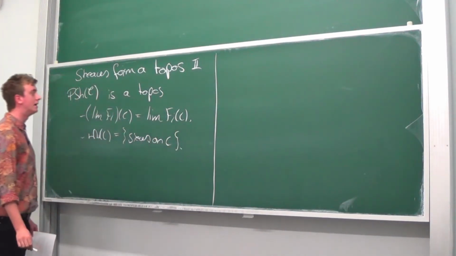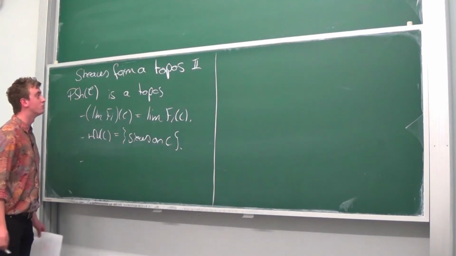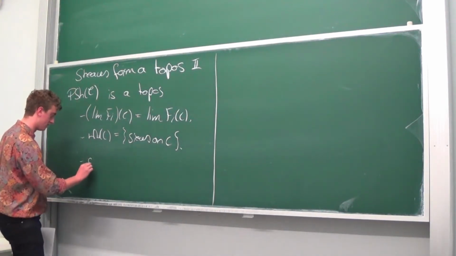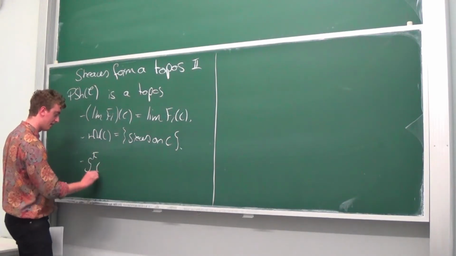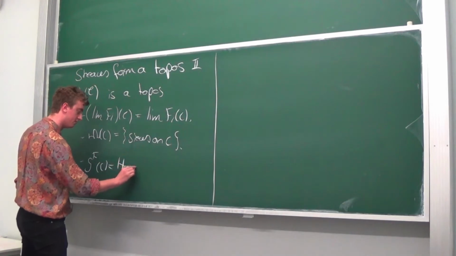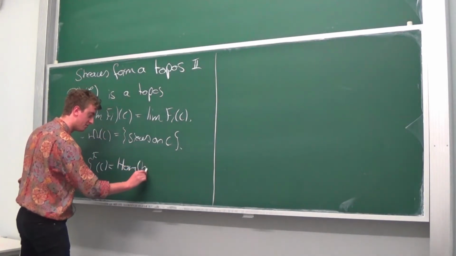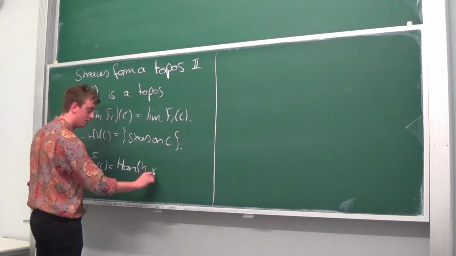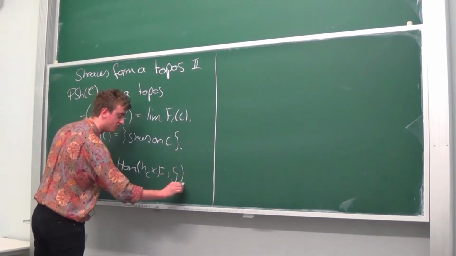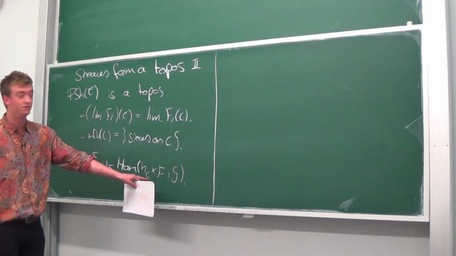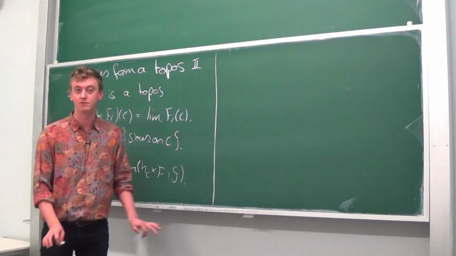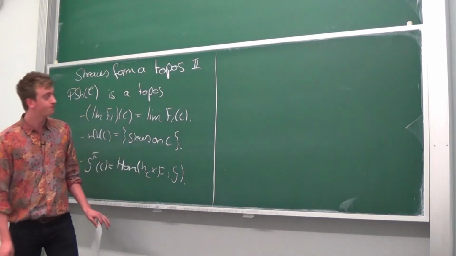Then finally, we saw that the exponential in presheaves, which is the most complicated part, was given by taking two presheaves F and G and an object C, as the set of natural transformations from the representable functor of C times F into G, where this product is taken pointwise. So that showed us that presheaves form a topos.